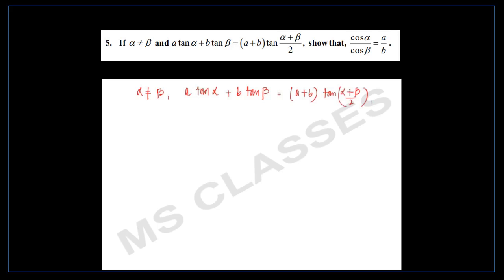This is the given condition, and what we have to show is cos alpha by cos beta equal to A by B.